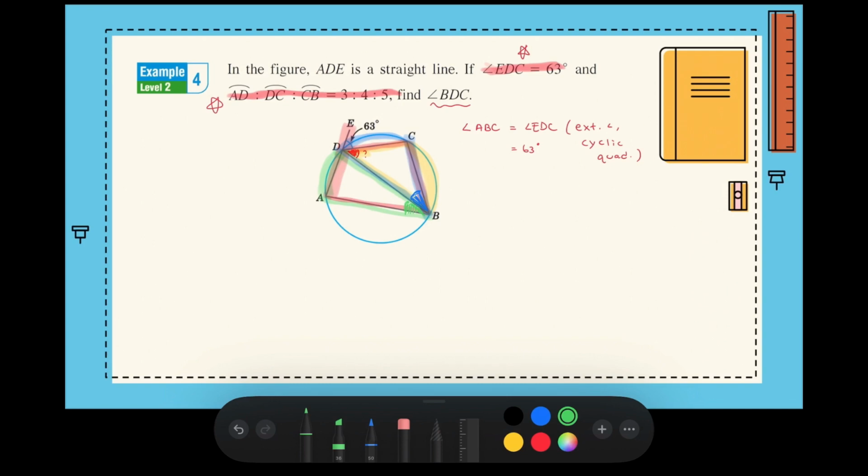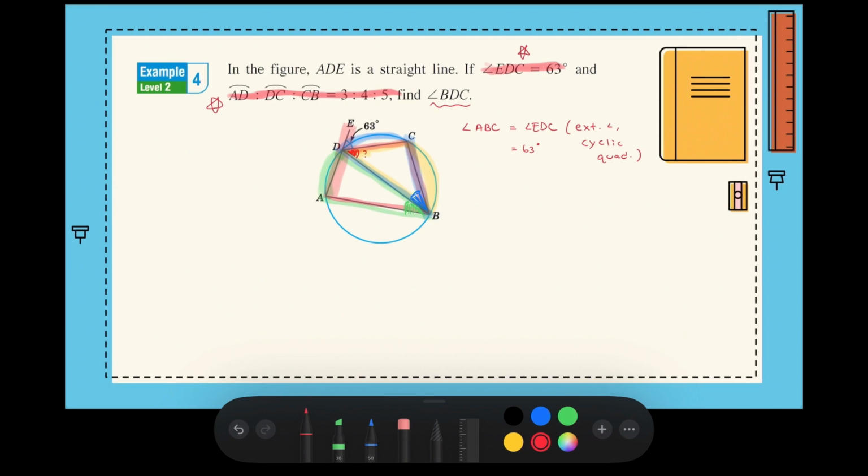So in this case, you have the angle ABD and the angle DBC, according to those arc length proportions you have. But the thing is, you don't know what those angles are. But you know that they add up together to give you angle ABC, which you just found is 63 degrees.